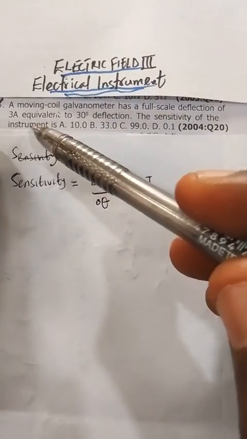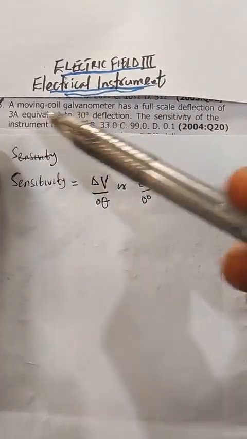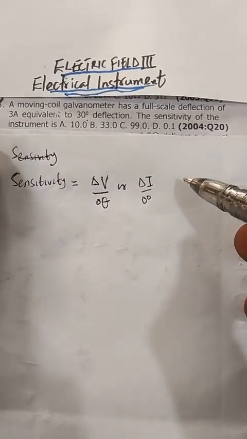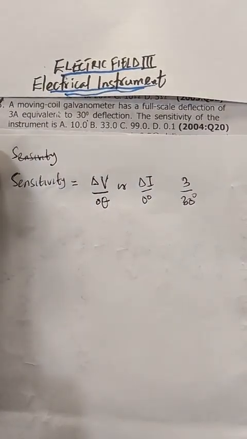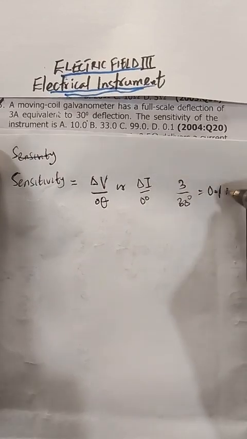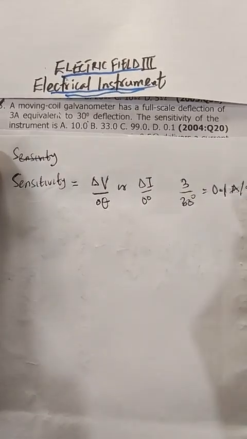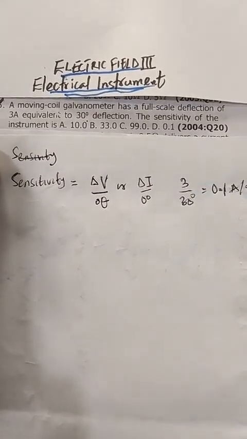So it means for 30 degrees, it's going to deflect 3 amperes. So that will be 3 over 30 degrees, and this will give 0.1 amperes per degree. So the answer is D.